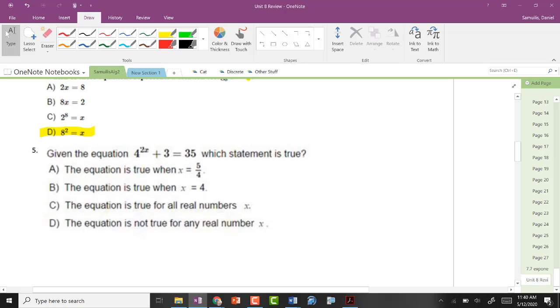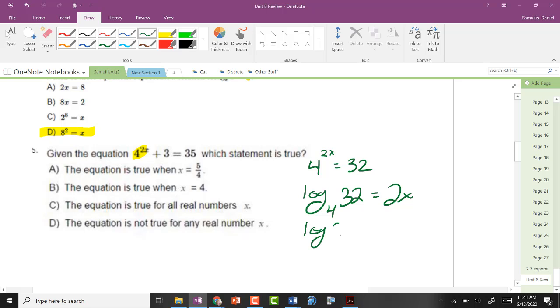All right, once again, we're going to isolate this base. So we're going to subtract 3 from both sides. So I get 4 to the 2x equals 32. Convert to a logarithm. Log base 4 of 32 equals 2x. Use a common log to calculate that.